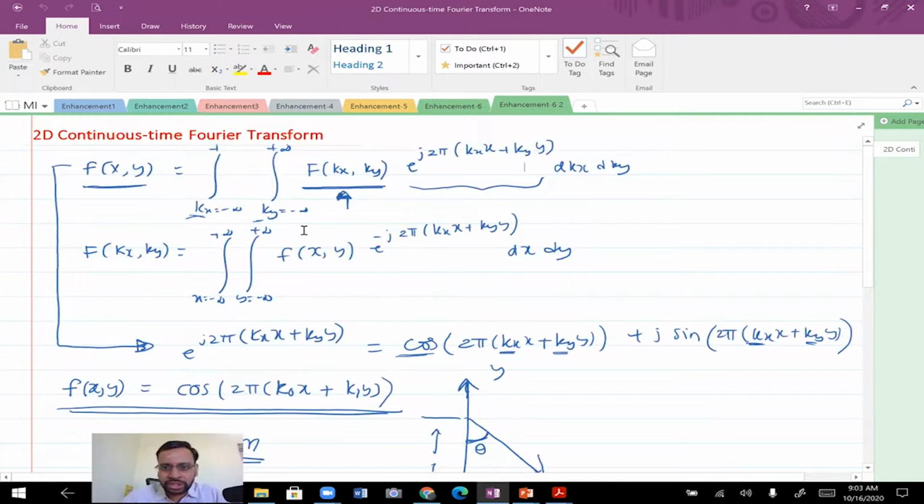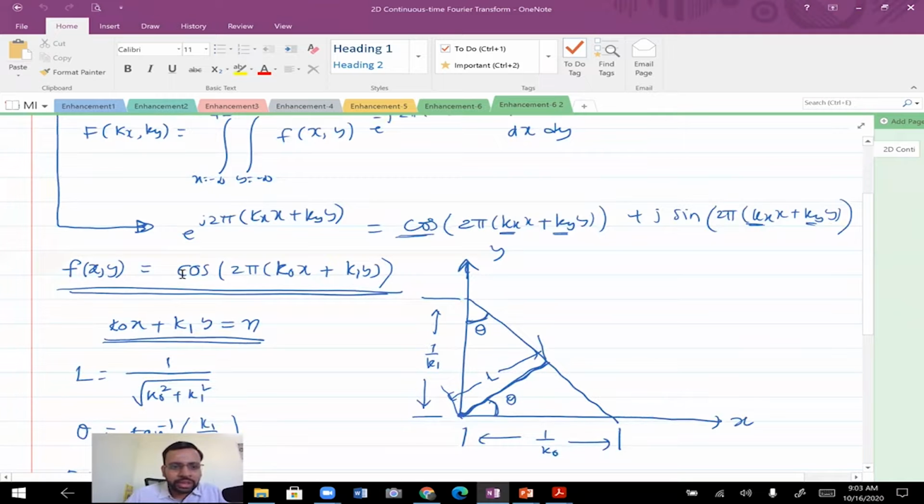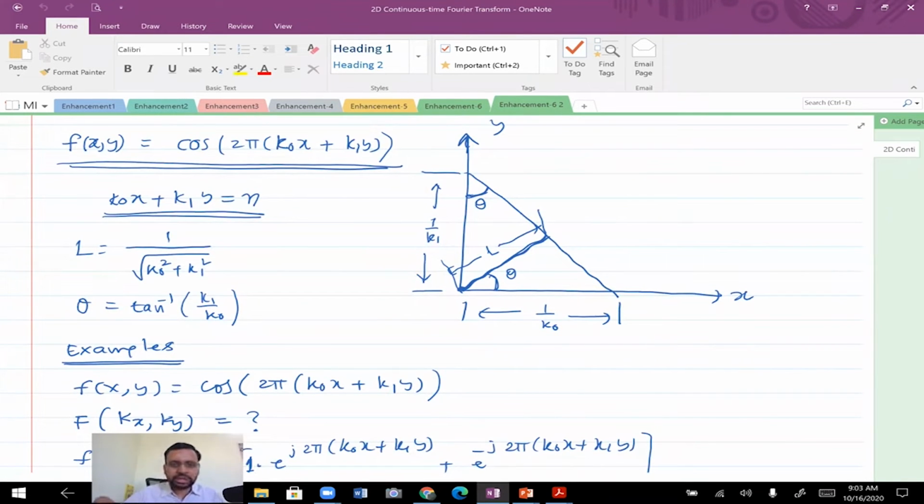In the last Zoom session, we were discussing the cosine function, right? We were looking into the behavior of this cosine function. What we arrived at in that discussion is that cos 2 pi of (k naught x plus k1 y) will be oriented in a particular direction when both k naught and k1 are non-zero.